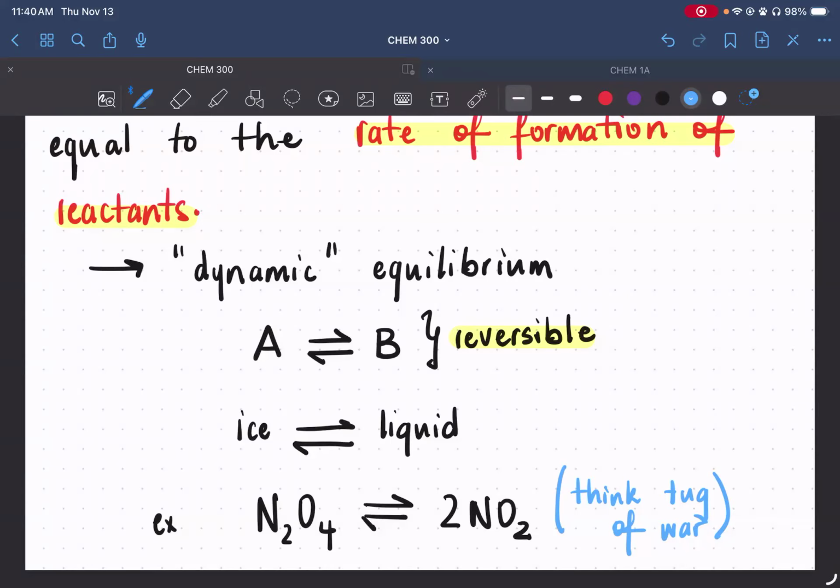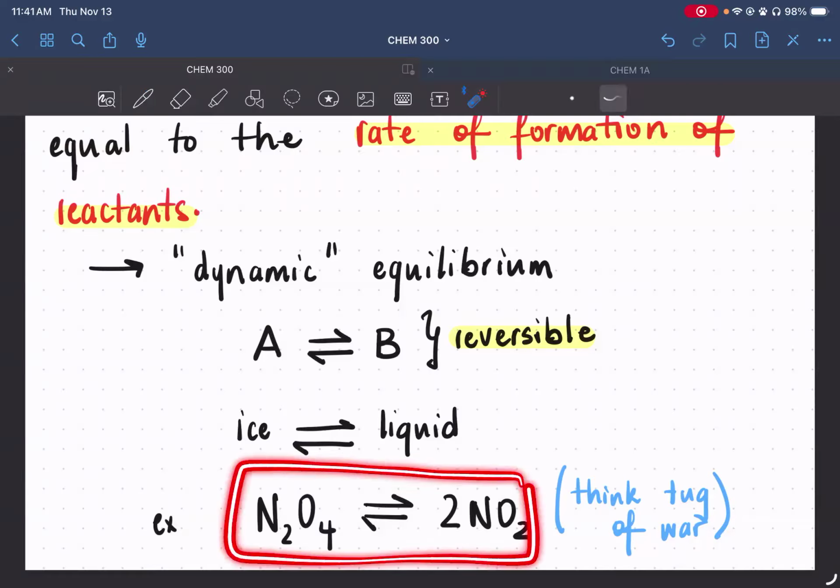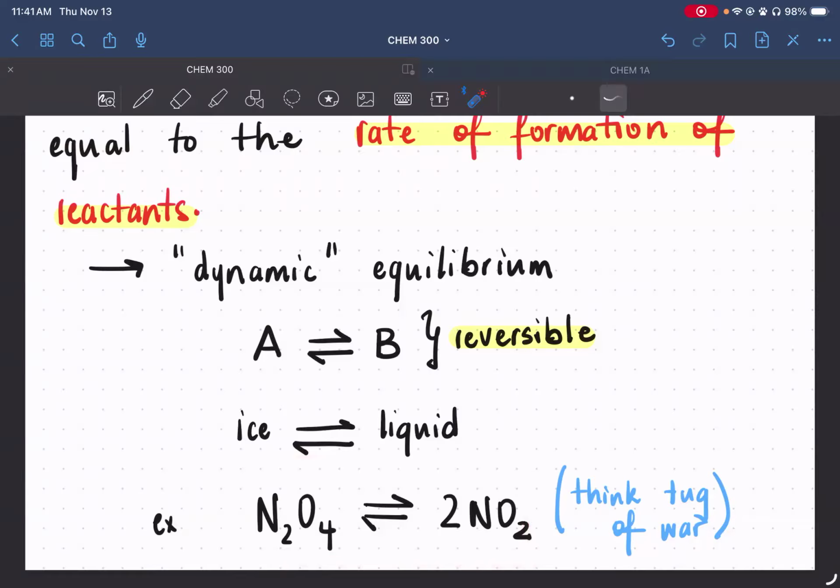But you and I both know that in the game of tug of war, both sides are pulling with as much strength as possible. It's just that both sides are pulling with a similar strength while the rope isn't moving. So in the same way, I want you to think about equilibrium.